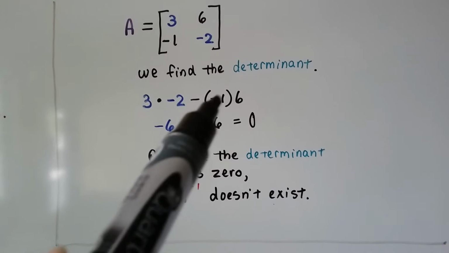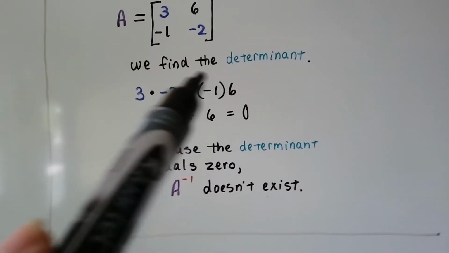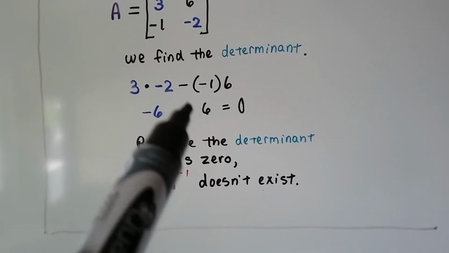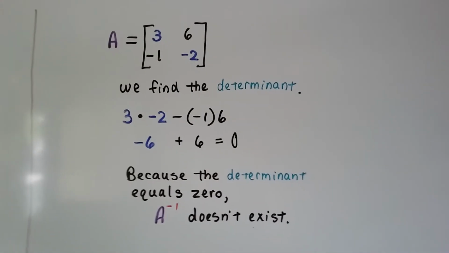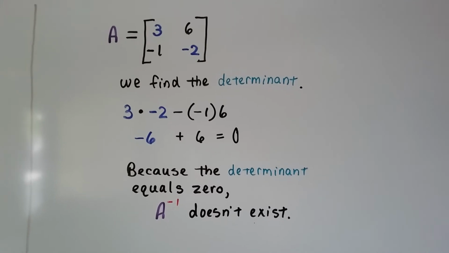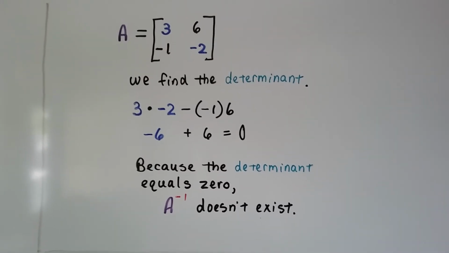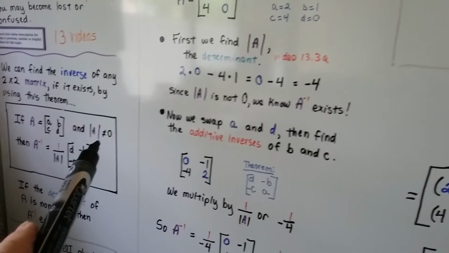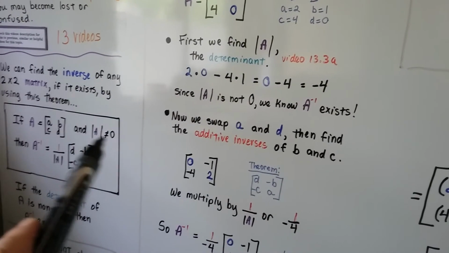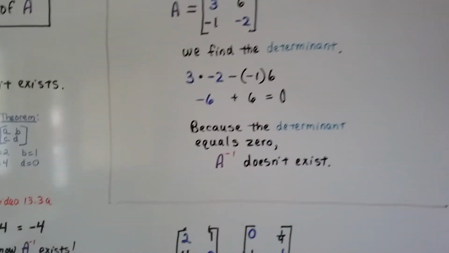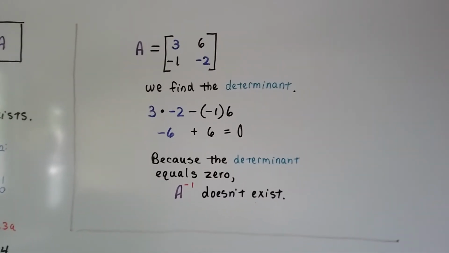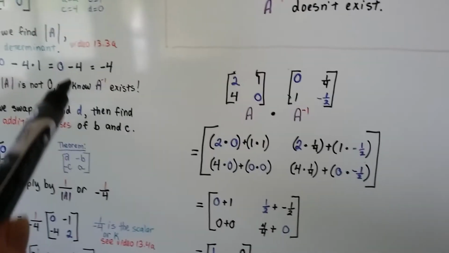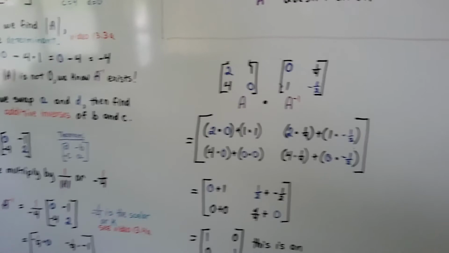And we're subtracting a -6, well, then we have to add the opposite, don't we? These two negatives make us add, so we have a -6 plus a 6. Well, that gives us a 0 for the determinant. And that means that the inverse of A doesn't exist, because remember, the determinant can't be a 0, otherwise it doesn't exist, okay? So in this case, the inverse of A doesn't exist, all right? And in the other one it does, because the determinant equaled a -4, see?